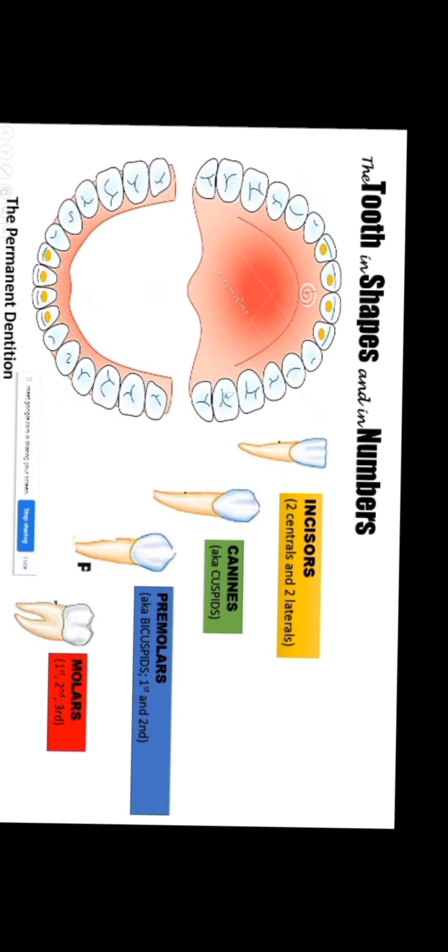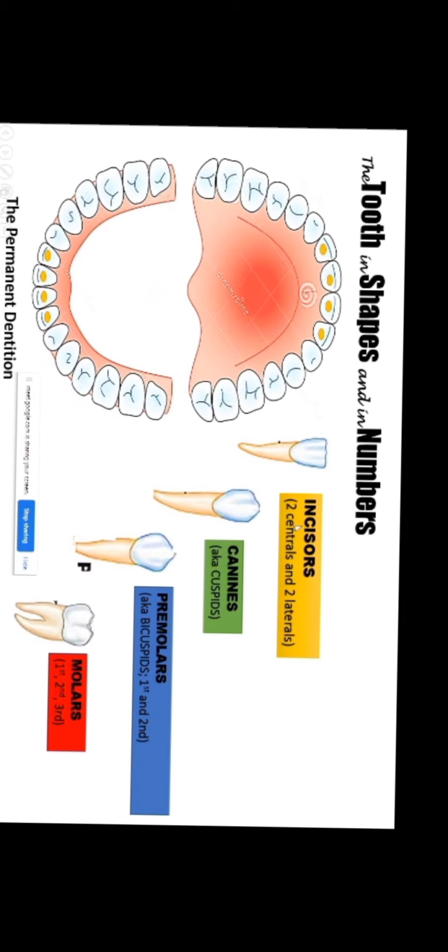So one arch has 2 quadrants. Also with the lower, one arch has 2 quadrants. Therefore, there are 4 quadrants in the permanent dentition, same with the primary.